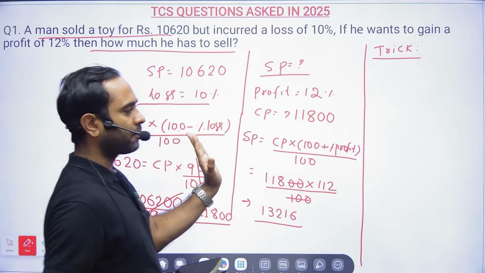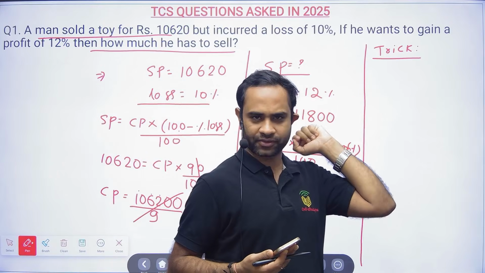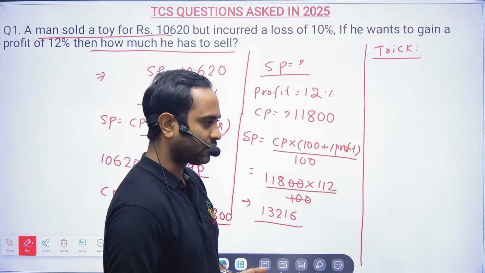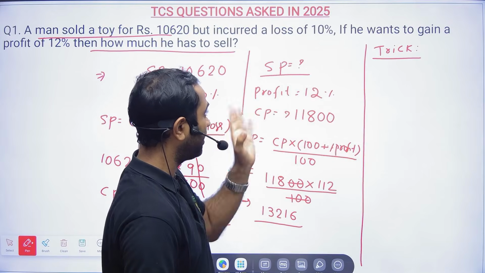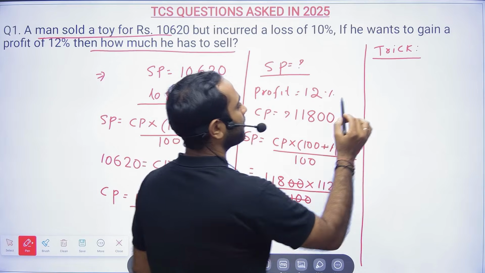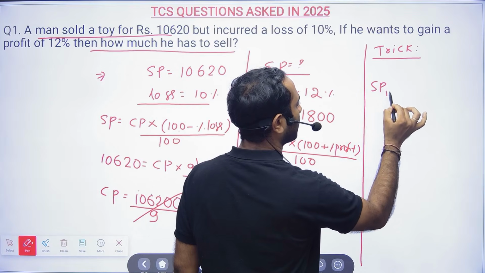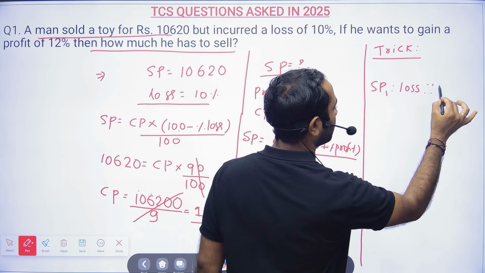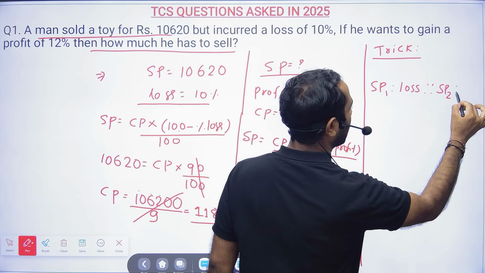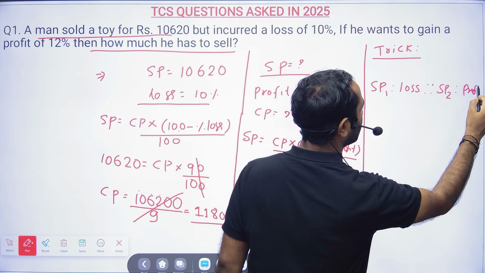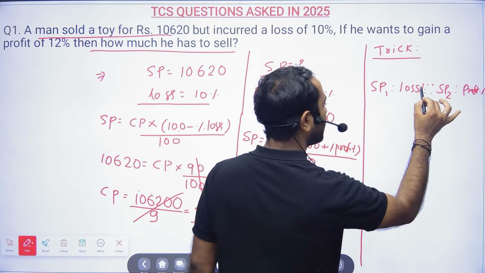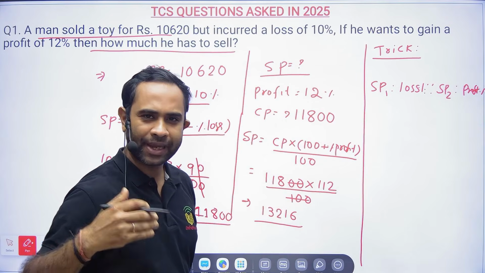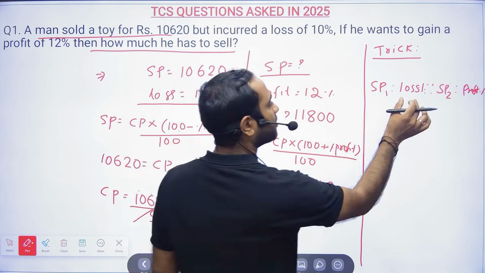Now sir, this is so big. As you mentioned you will tell some tricks, can you please let us know how we can solve it in an easy manner? So friends, see, selling price 1, and here you have a loss, correct? Then selling price 2, and here you have a profit percentage. Always keep in mind, if you have any kind of loss, subtract from 100.